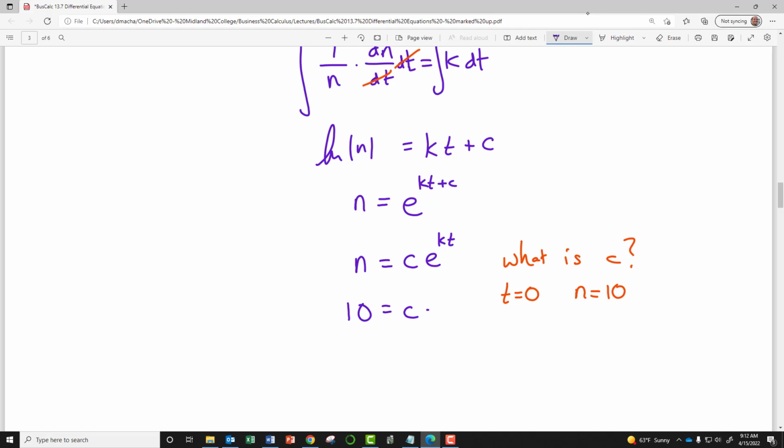I have C times e to the power k times t, and remember t is equal to 0 on that first day. So e to the power 0 is just 1, which tells me that C has to be 10 in this case.